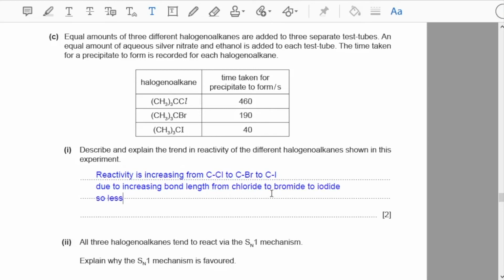So less energy is required to break the bond from, again, chloride to bromide to iodide.